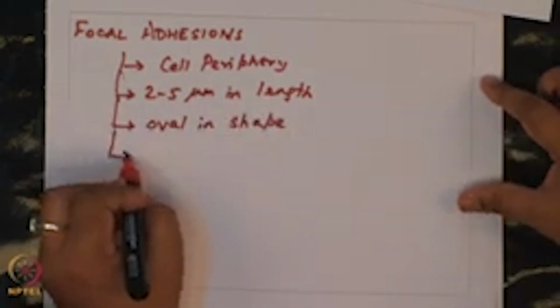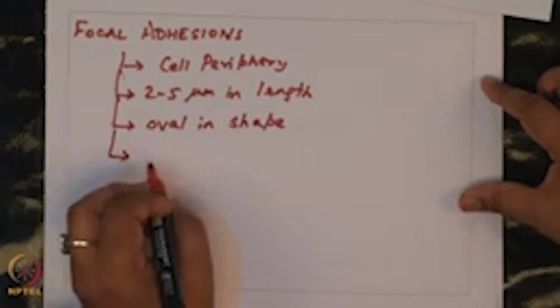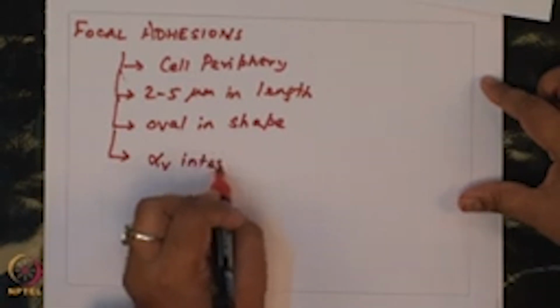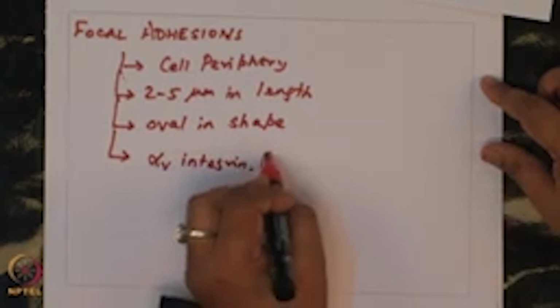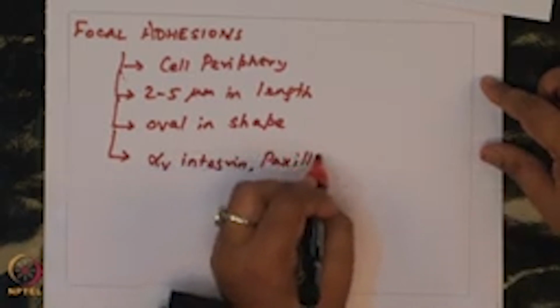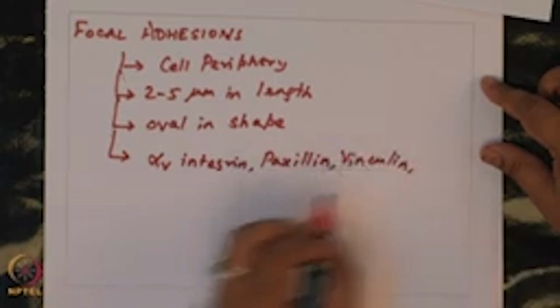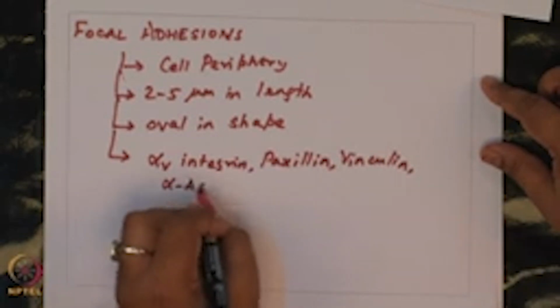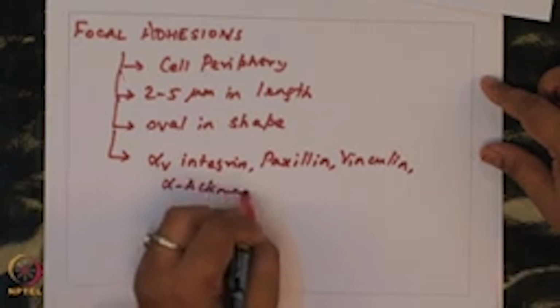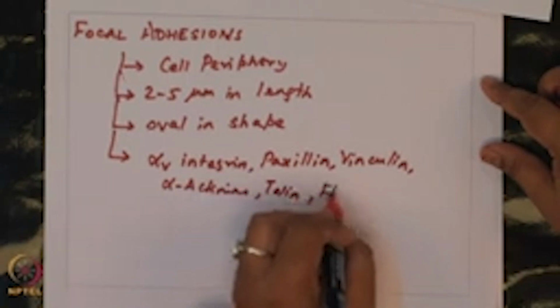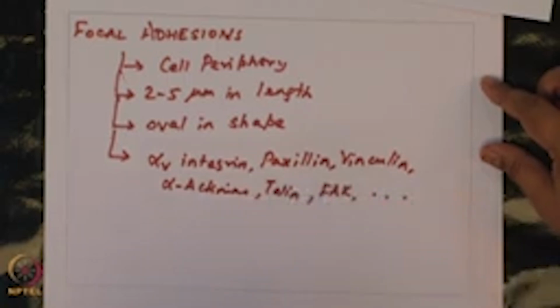In terms of composition, you have integrins like alpha V, paxillin, vinculin, alpha actinin, talin, FAK and many others.